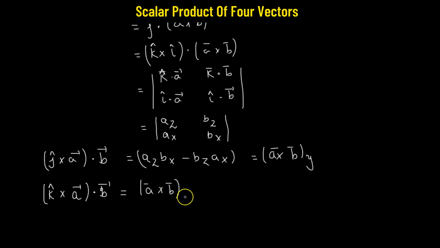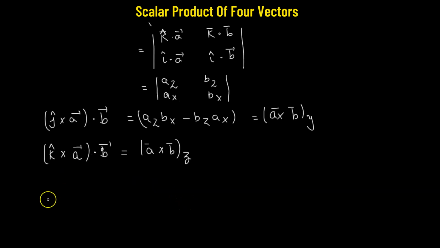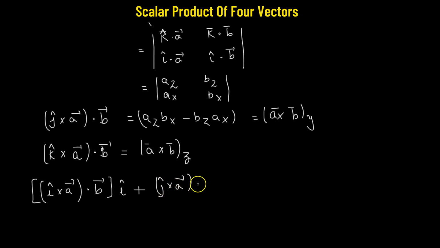We now have I cap crossed with A vector dotted with B vector multiplied to I cap, plus J cap crossed with A vector dotted with B vector times J cap, plus K cap crossed with A vector whole dotted with B vector times K cap.